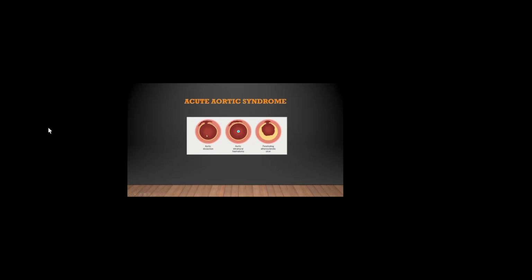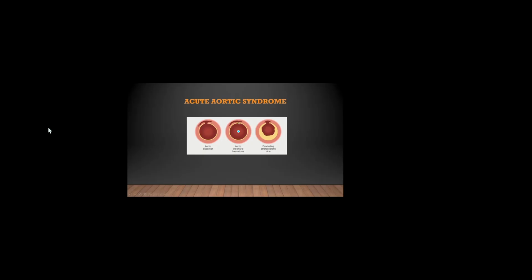So that would be the true lumen, and then through this entry or dissection is going to be a new false lumen within the wall of the aorta. Later on, it will be filled with blood, and then there are going to be two parallel lumens, the aortic true lumen and the aortic false lumen.